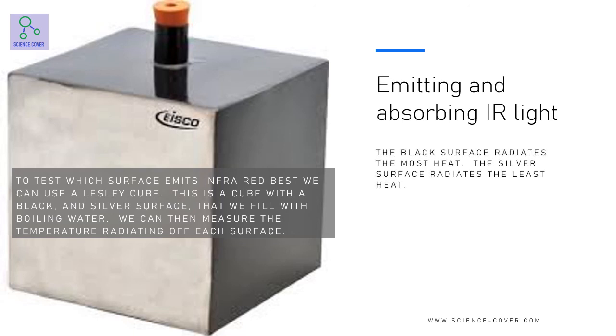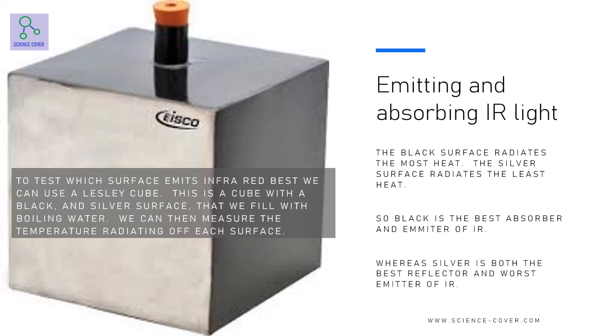When we do this, we find the black surface radiates the most heat. The silver surface radiates the least heat. So black is the best absorber and emitter of infrared, whereas silver is both the best reflector and the worst emitter of infrared.